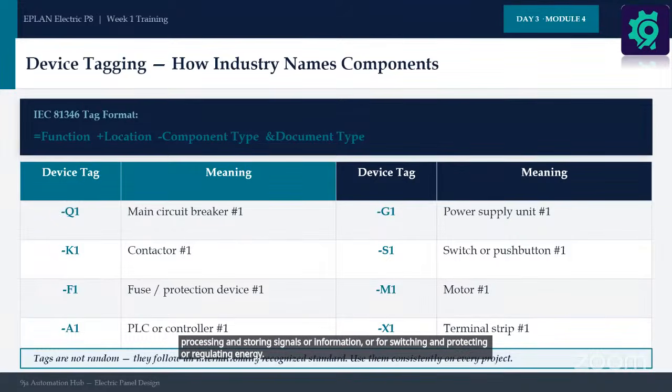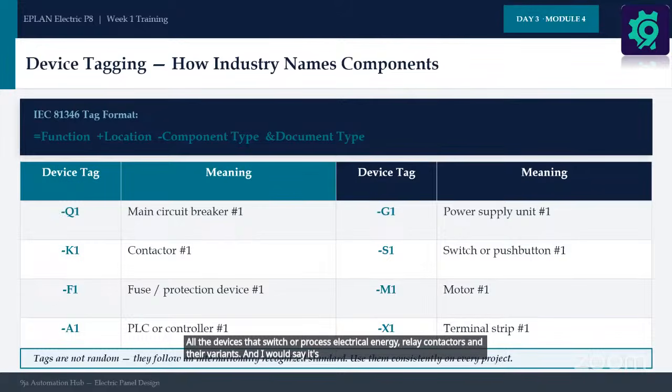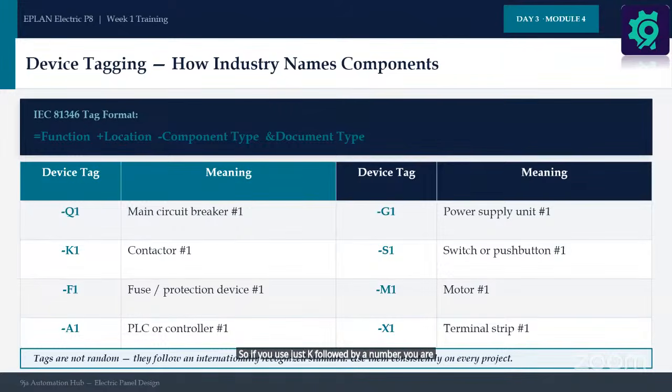So when you bring it into the context of electrical design, K covers all the devices that switch or process electrical energy: relays, contactors, and their variants. I'll say it's a very broad class. So if you use just K followed by a number, you are saying this is a switching or a signal processing device.